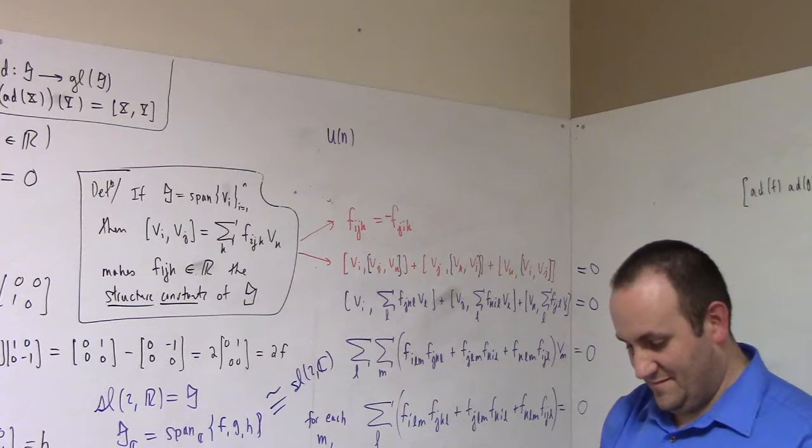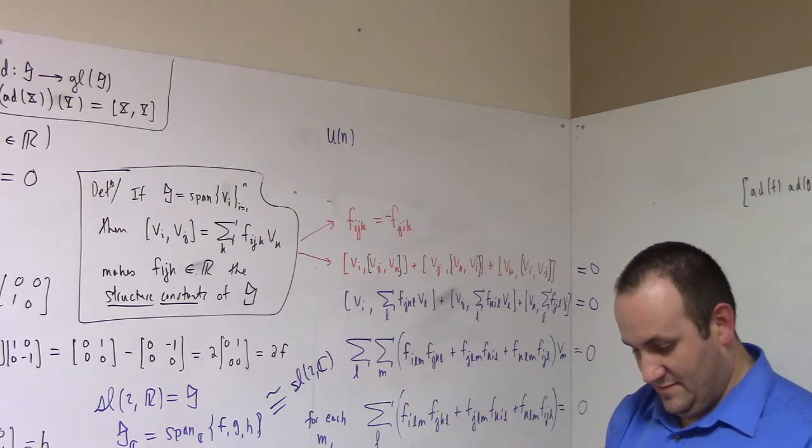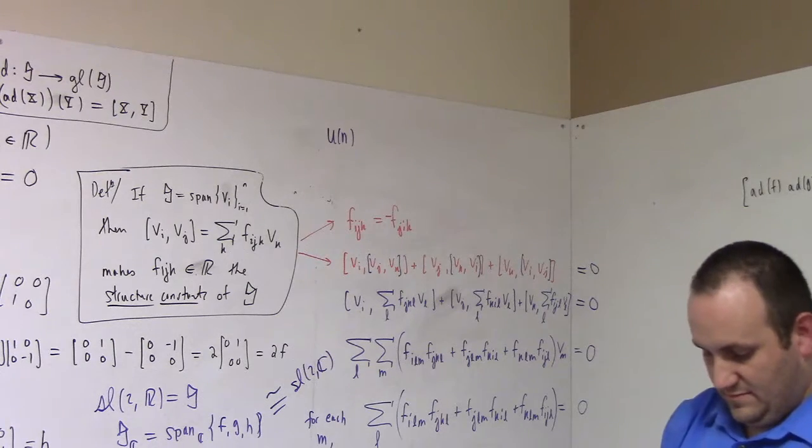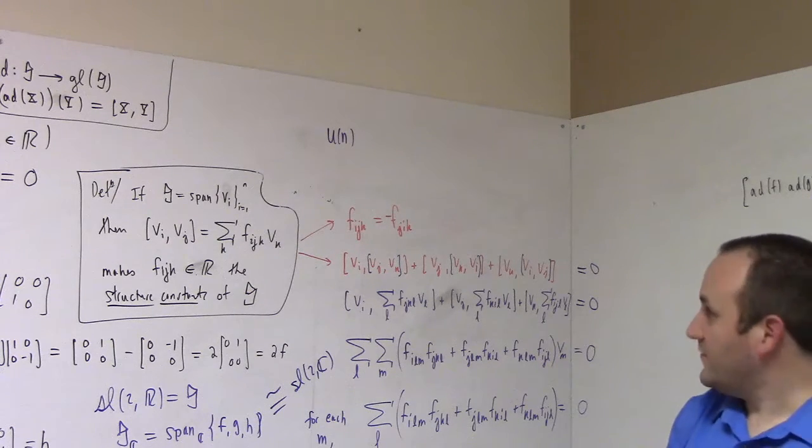I'm almost there. Heisenberg group. I guess it's the Lie algebra of big UN, right? Yeah. What's the Lie algebra of big UN?